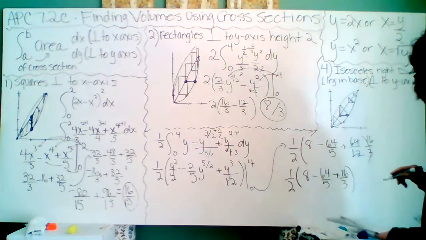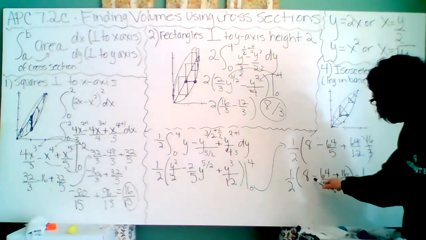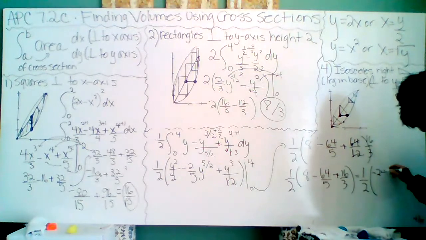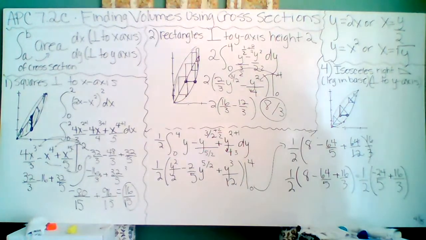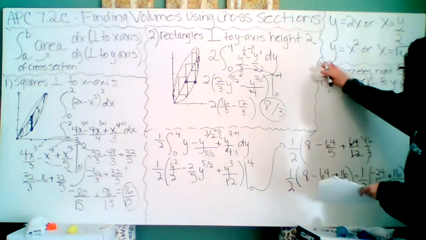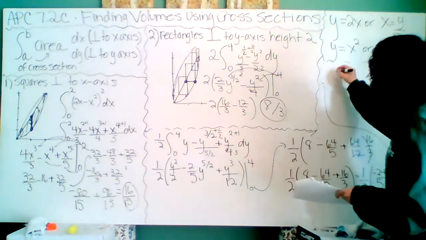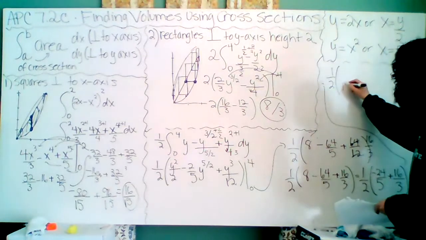Okay, let's see how well I can do this. So this is 40/5 minus 64/5, which is negative 24/5, plus 16/3. All right, running out of room again. I'll go above. That is 1/2. I'm going to get a common denominator of 15.